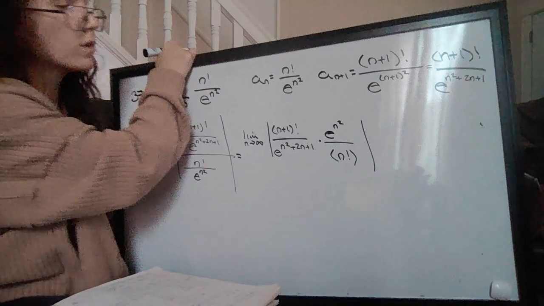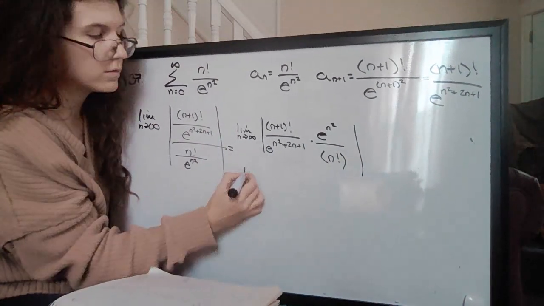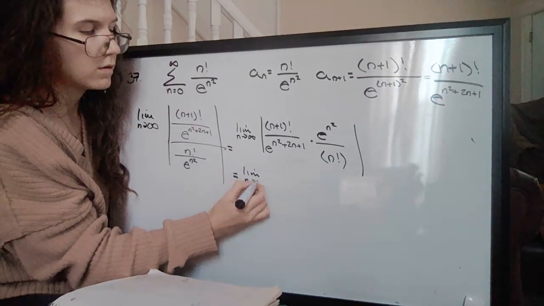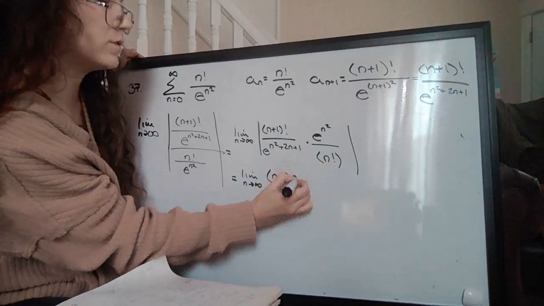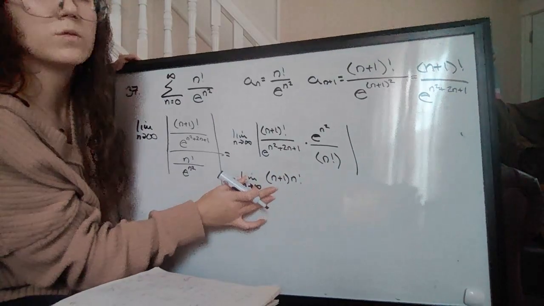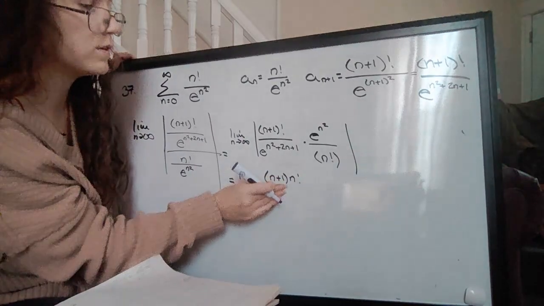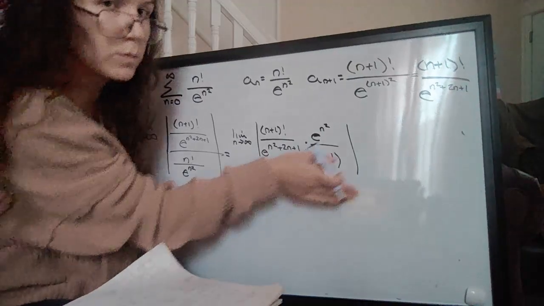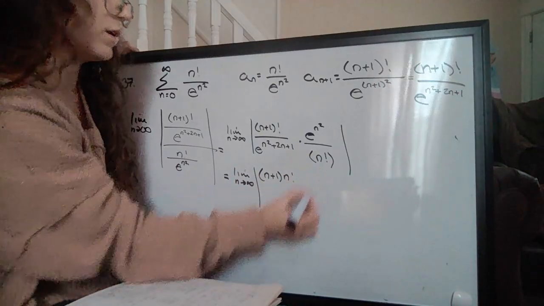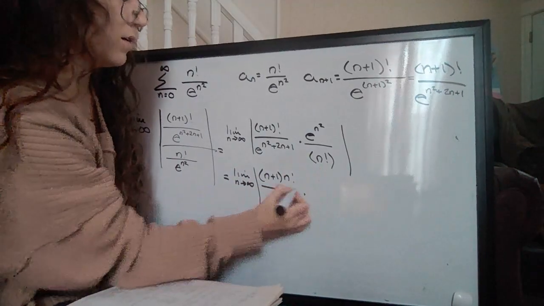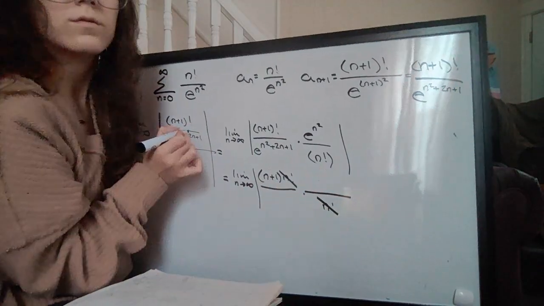So to get these factorials to cancel, I can rewrite this as n+1 times n factorial, because n+1 is 1 greater than n, so this will be n+1 times n minus 1 times n minus 2, so on and so forth. So I can actually set that up so that that will end up canceling with my n factorial in my denominator over here. Very nice.